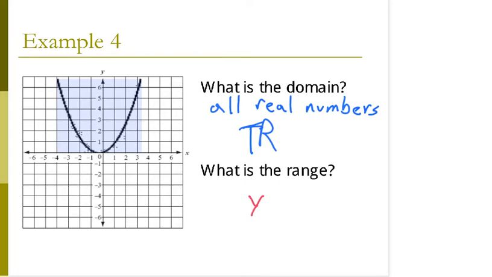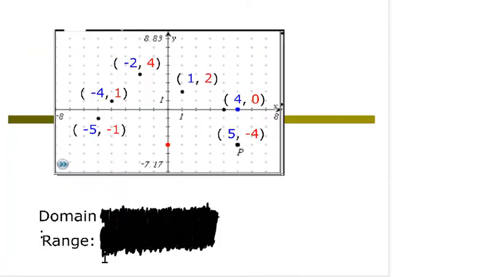Could you identify the domain or range for this particular set of values for this relation? Well, we'll notice that the x values that we have here, for this point, we're at -5. For this point, our x value is at -4. For this point, our x value is at -2, and so on.